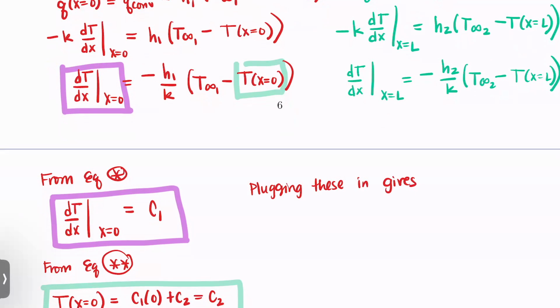On my left-hand side, I have dT/dx at x equals 0, which is just equal to C1. And this is equal to minus H1 over K times T infinity 1 minus T at x equals 0, which is just C2.